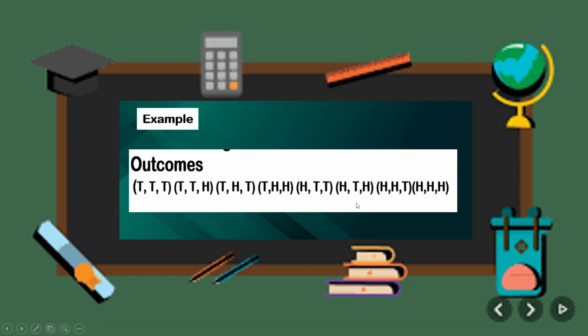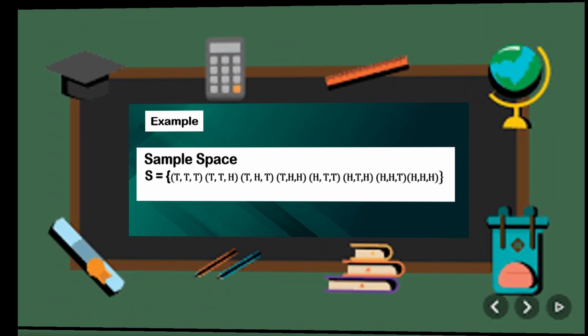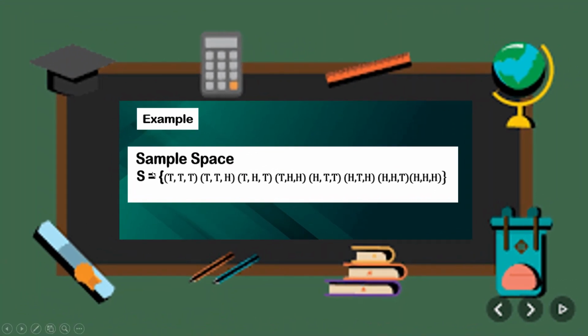Because we have our outcomes, we can then write our sample space. Our sample space can be written using a notation called the listing method or roster method in set theory. This is a set S, a set of outcomes, that has how many elements? 8 elements. Every outcome inside the parentheses is considered one element.